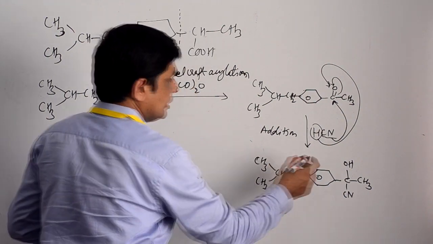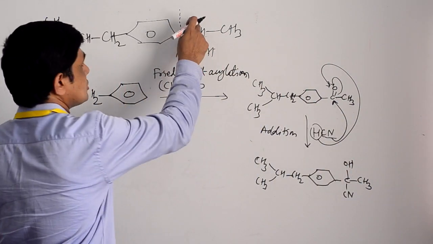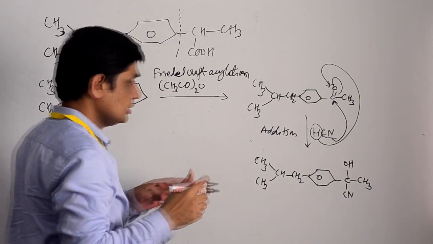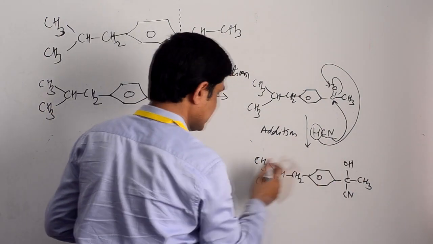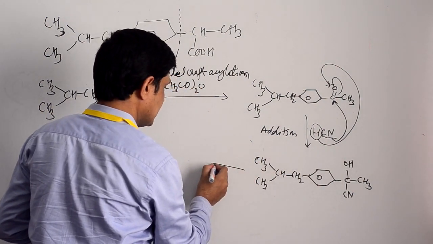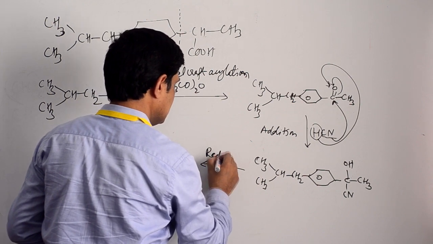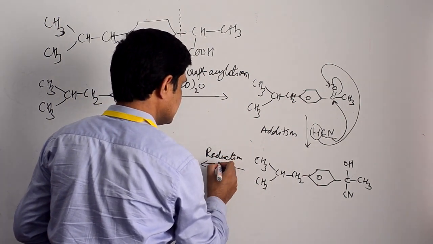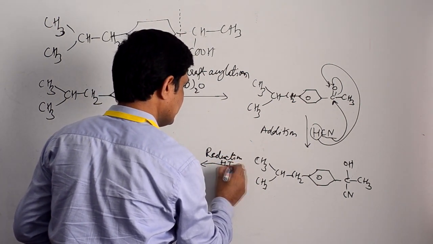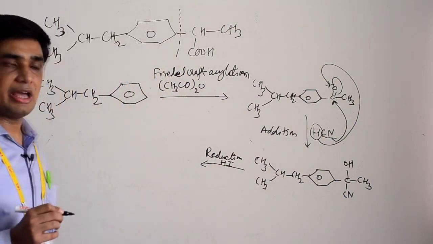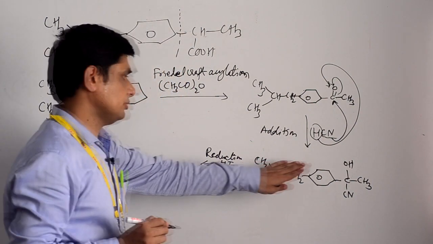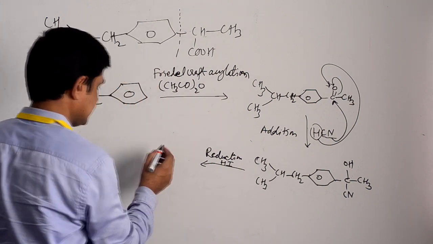Now we have to remove the OH group because OH is not required. So we have to remove the OH by reduction in the presence of HI. By using HI, we perform the reduction reaction.